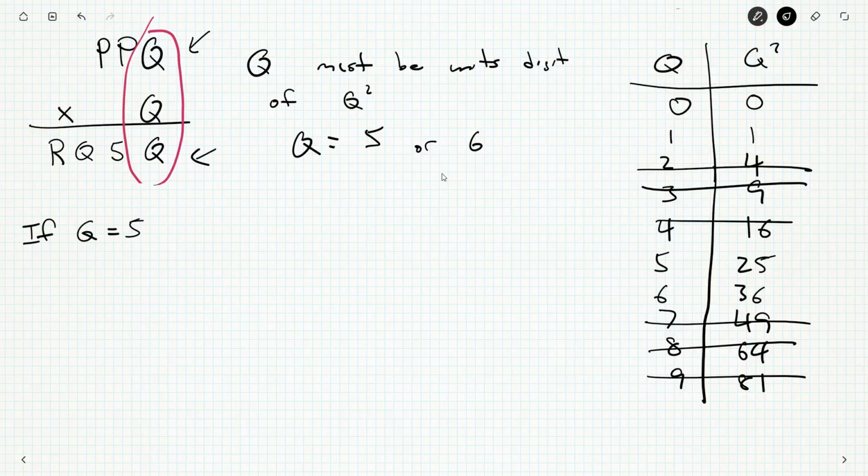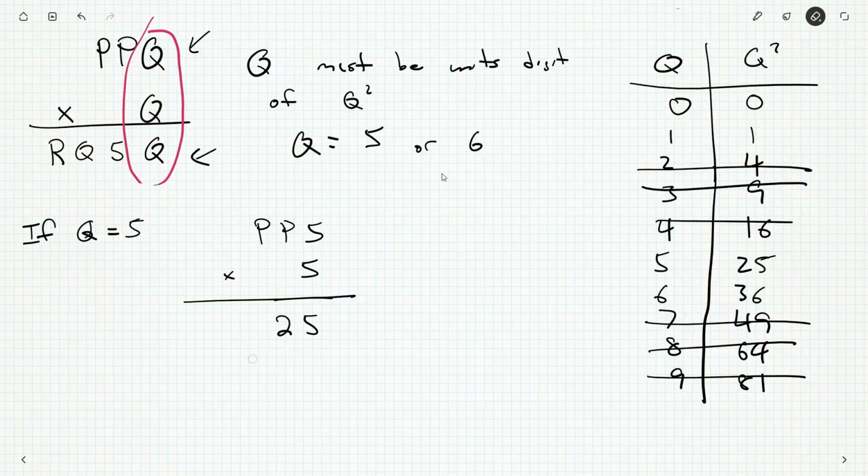Well, if we can get a P and a Q and an R that work with this, that's fine, then we're done. So we'll have P5 times 5 is R55. Okay, so what would we need to have happen? Well, we'd get 5 times 5 is 25, and then we'd have 10 times 5p, so I guess 50p.